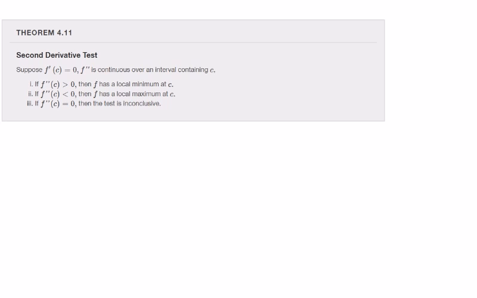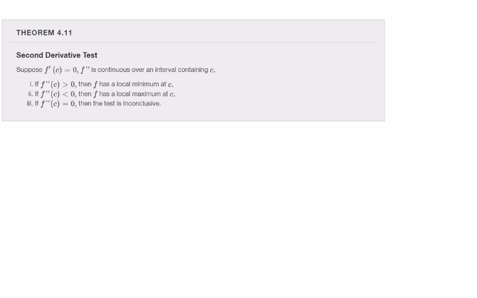So once again, the first derivative test is a little more comprehensive in that way, but most of the time, especially with polynomials, we're going to be dealing with 0 values for our critical points where the derivative is 0. So we figure out where the derivative equals 0, and we want to make sure that f double prime is continuous over whatever interval contains c.